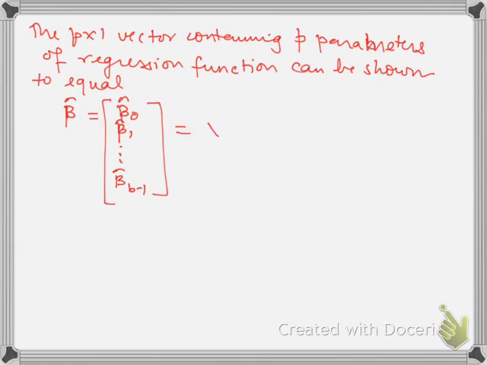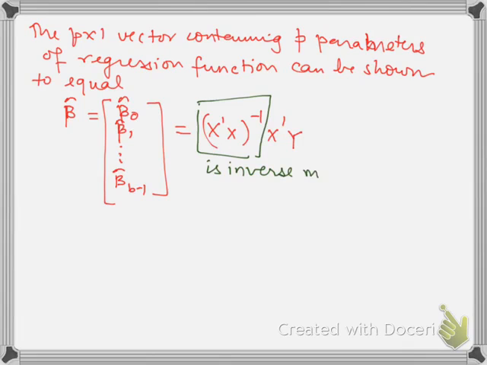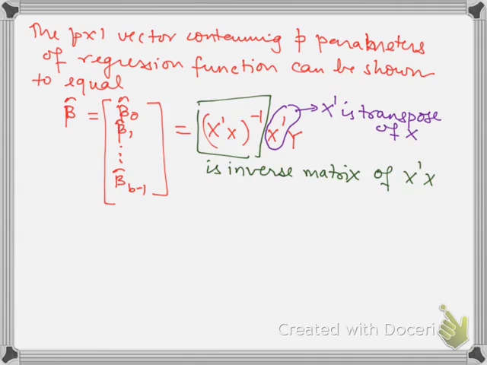So that is given by X transpose X inverse X transpose Y, where this X transpose X inverse is the inverse matrix of X transpose X, and this is the transpose of X.